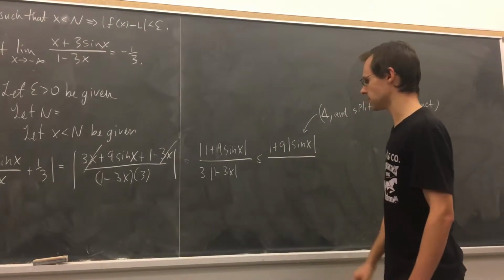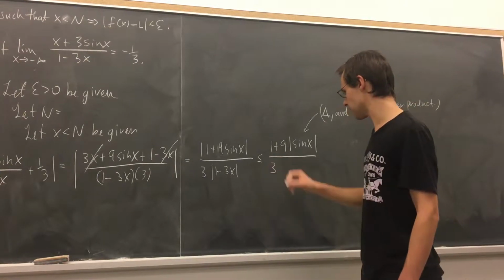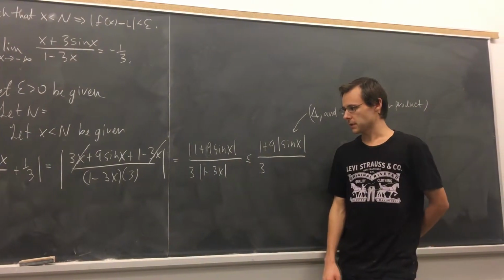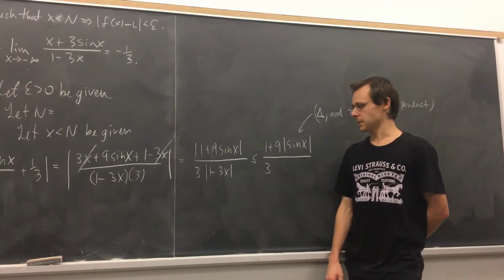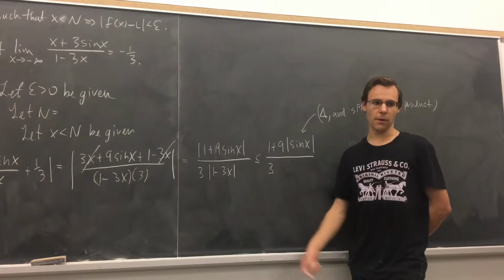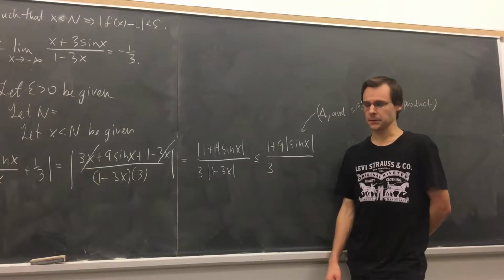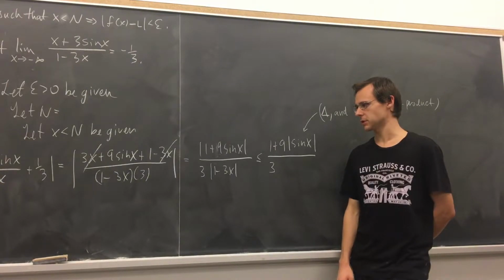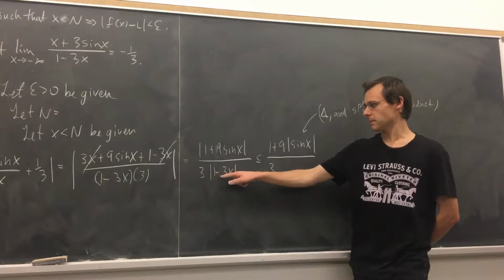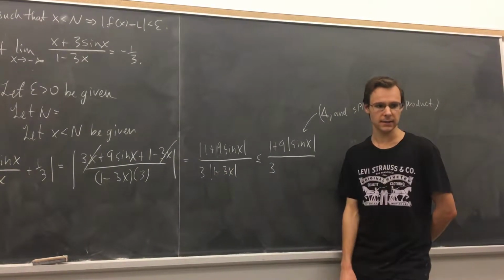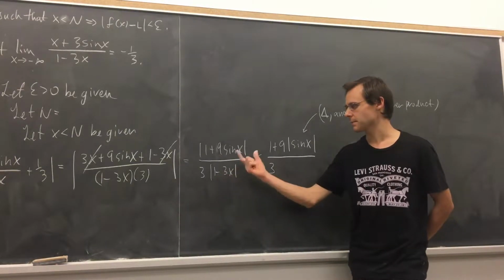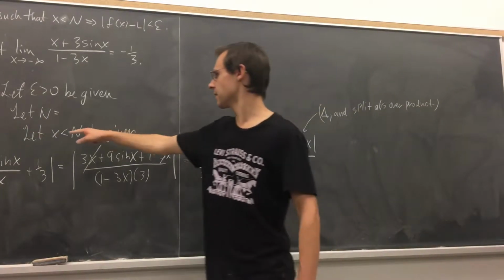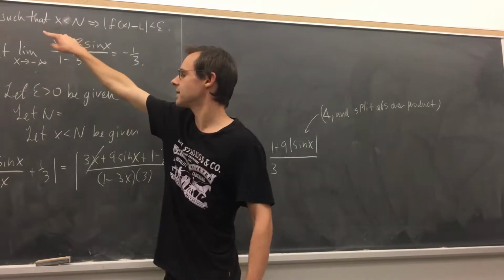Now, what happens with the denominator? Well, we have a 3 here. Remember the standard thing to do with the infinity limit proofs? We would like to drop all the absolute values just to make things easier. In this case, we have to consider what happens when we drop the absolute value. 1 - 3x looks like it's negative, but actually this is a positive quantity. Why? Because x is negative. x is less than n, and n is negative.